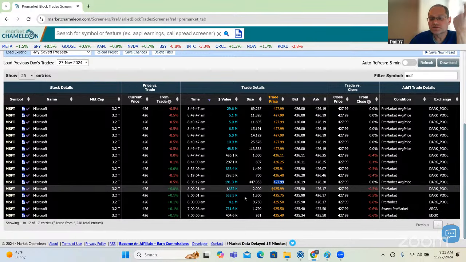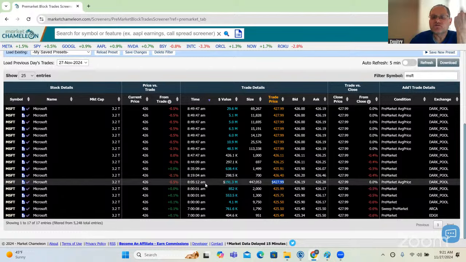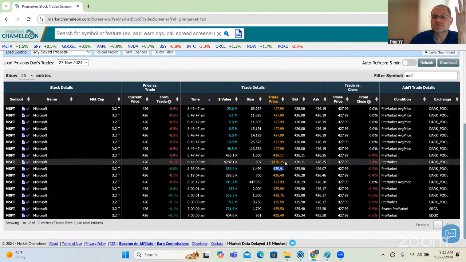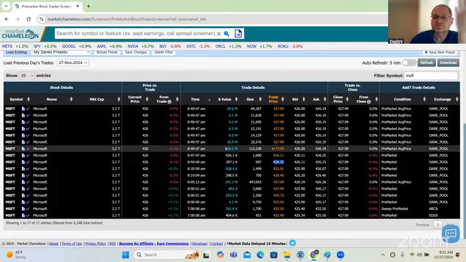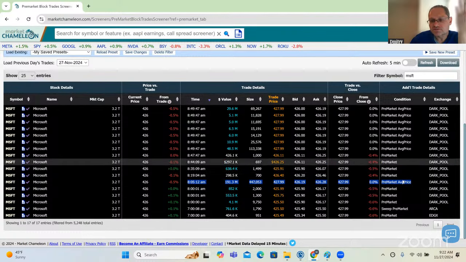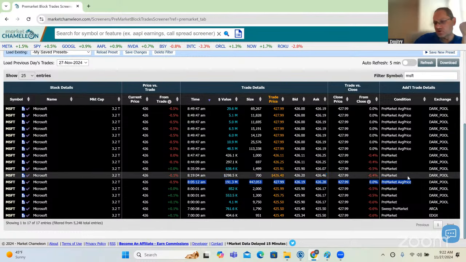Right. Then at 805.12. And what we notice is that it then kind of floated down in dark pool. We see another one here, average price. So these are average price. So this is something different. I'm not going to go too much into it, but that is something a little bit different.